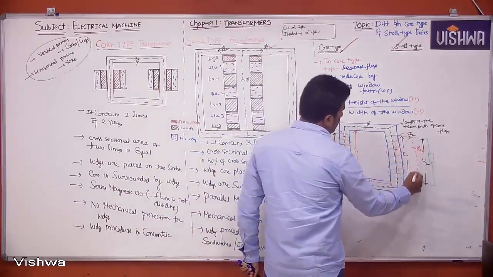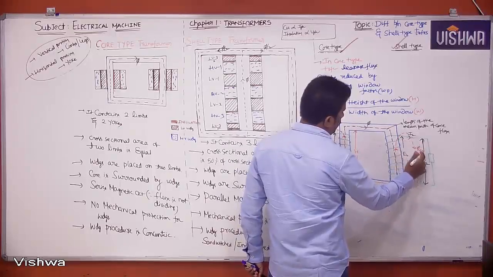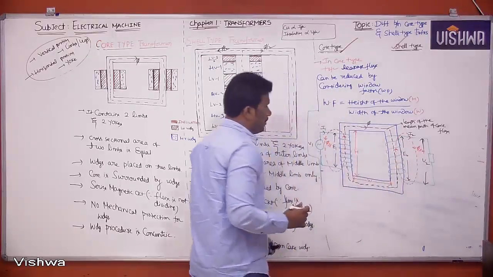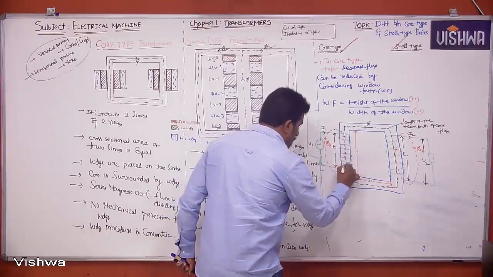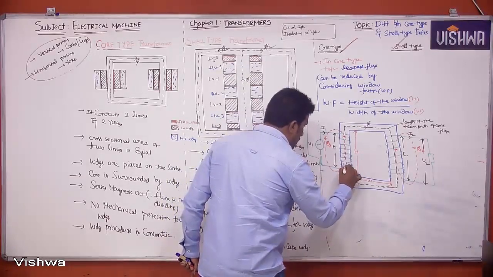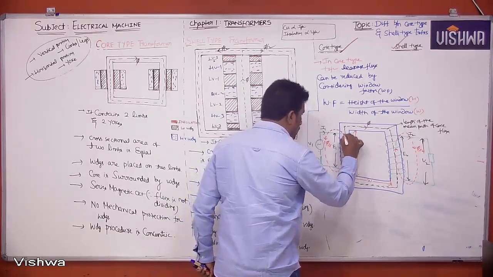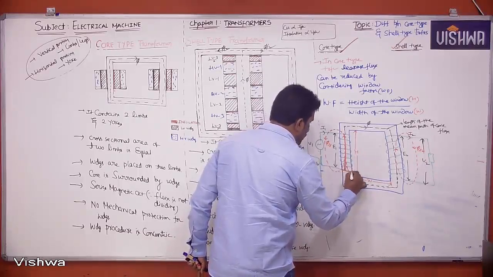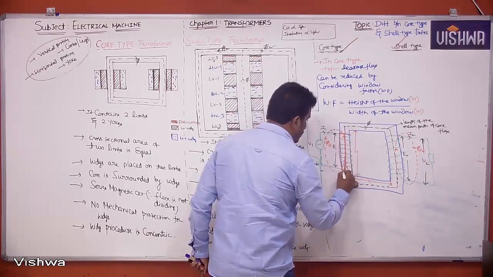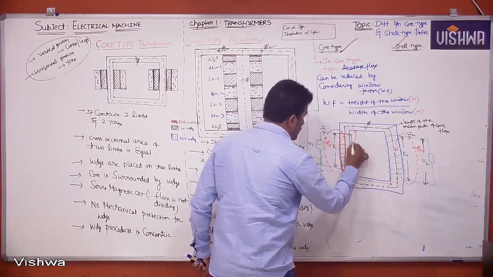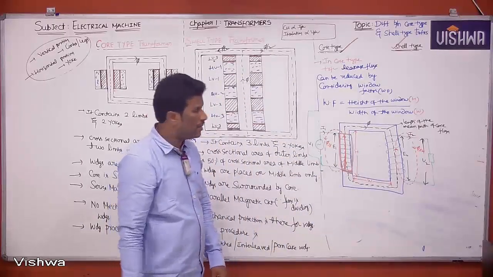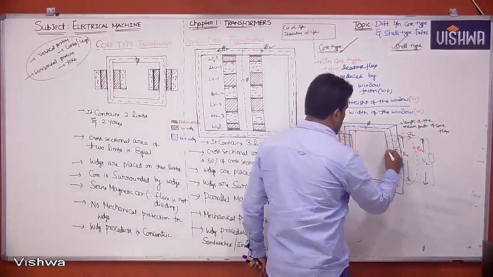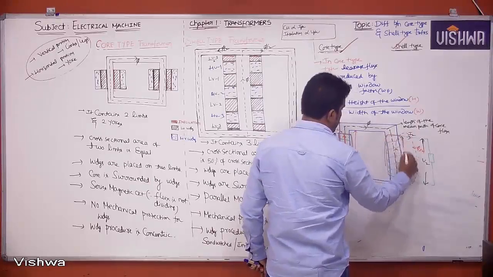This is the length of the path of leakage flux secondary side. That means, guys, observe clearly. From here to here, from here to here, this portion, whatever is there, this is only the length of the path of your leakage flux. Similarly, in secondary side also, this is only the length of the path of your leakage flux.